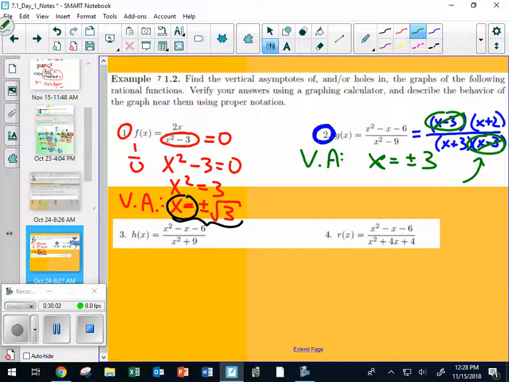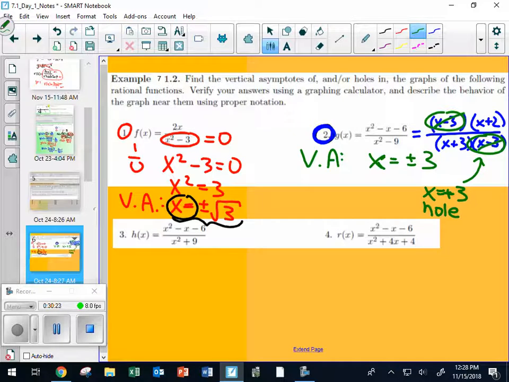Okay? So whatever we have canceled out, if you can cancel it out, that means that you have a hole. And so what that means is that at x equals positive 3, because this was x minus 3, at x equals positive 3, we have a hole.